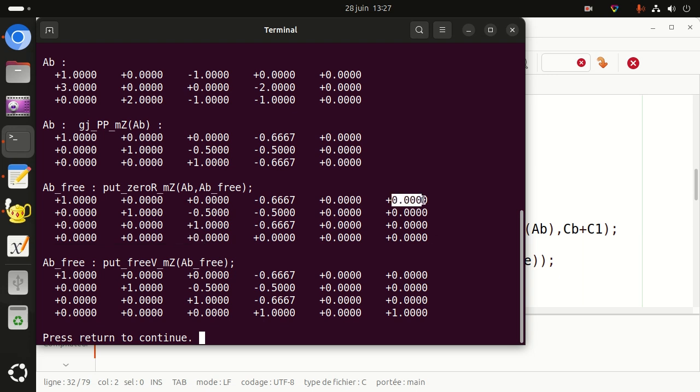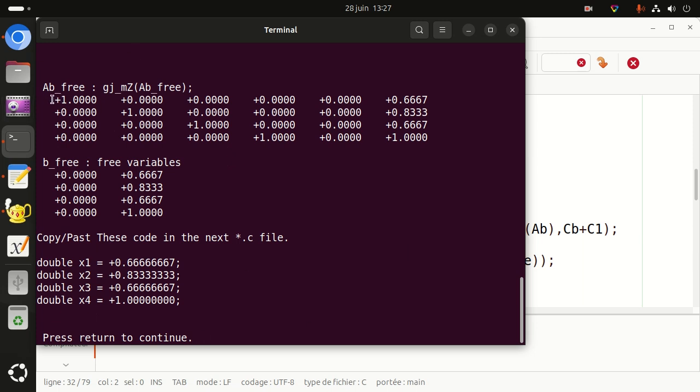You have here no 1, and here you have 1, this is the free variable. If I introduce the free variable in this column, I must introduce it in this column also.